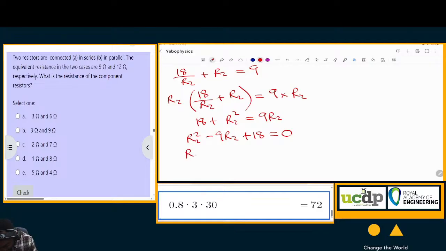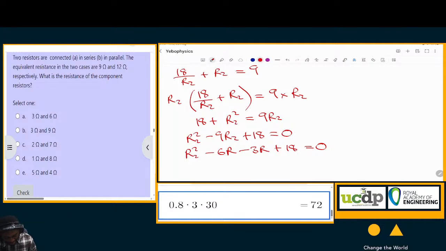So I'll then go for R2 squared minus 6R2 minus 3R2 plus 18 equals to 0. If you add this minus that, it will still give you negative 9R2.